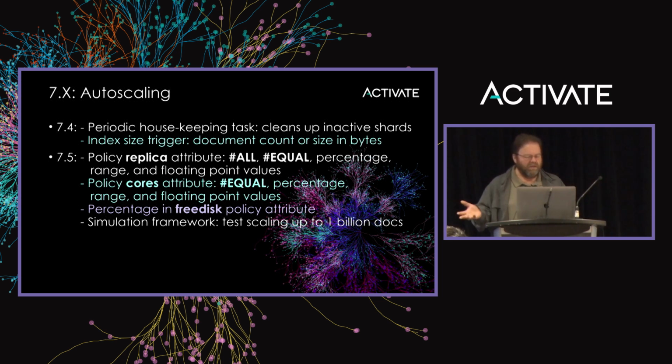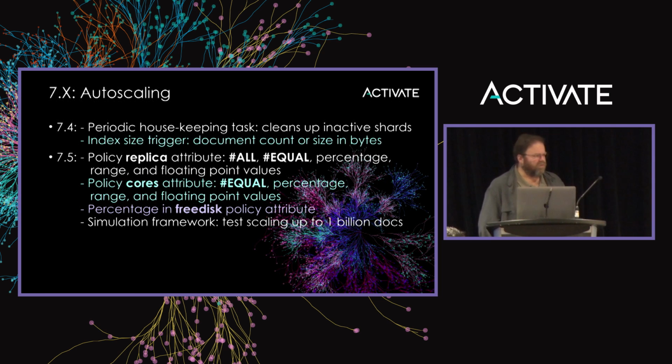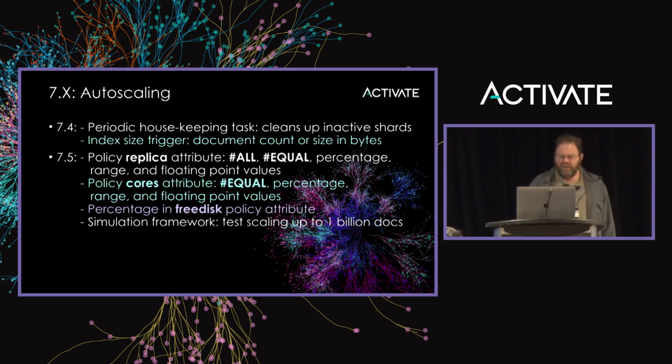So the ability to distribute cores equally across the selected nodes, percentage, range, and floating point values were added. The free disk policy attribute, which is used to select nodes for a policy to operate on, added the ability to specify percentage instead of absolute size.